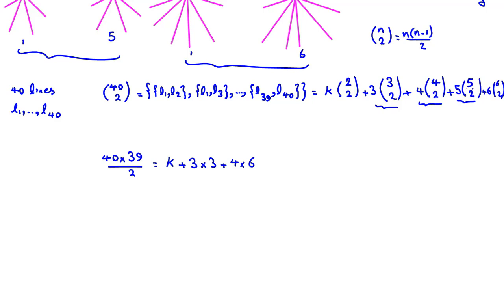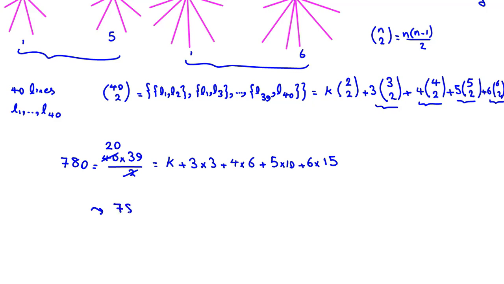So 5 choose 2 is 5 times 4 over 2, 10. Plus 5 times 10. And this part is plus 6 times 6 choose 2, which is 6 times 5, 30 over 2, 15. And then if you simplify, it will be 780.